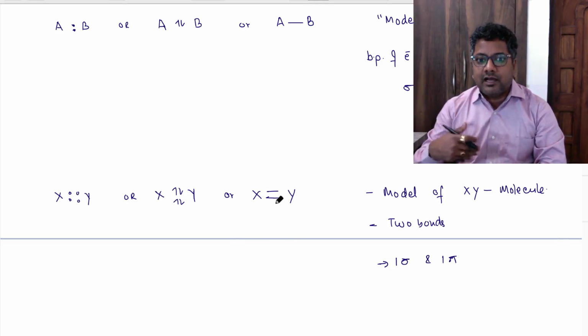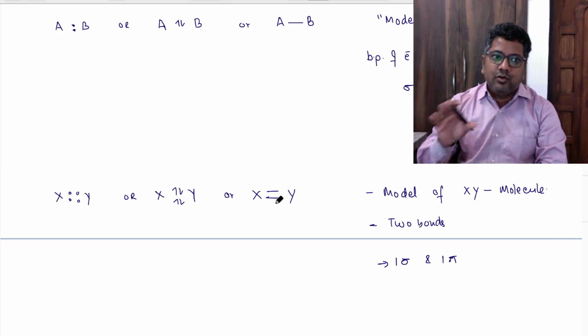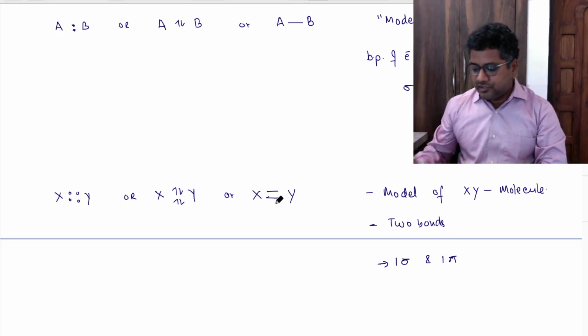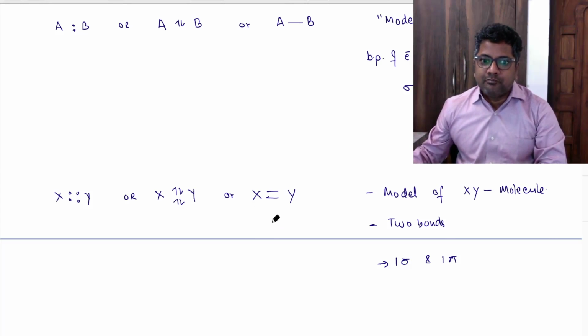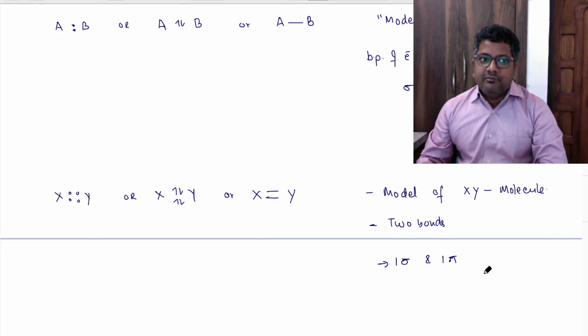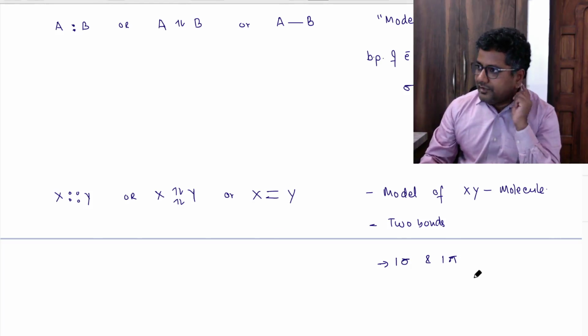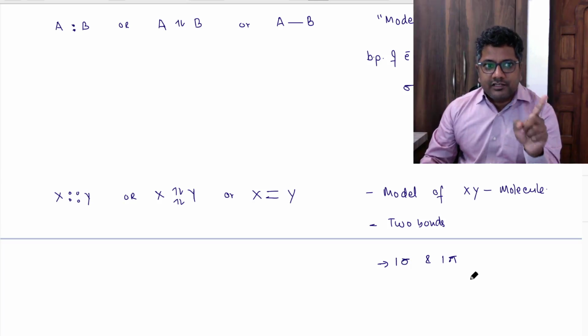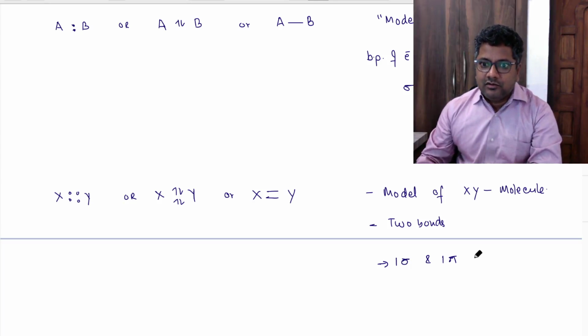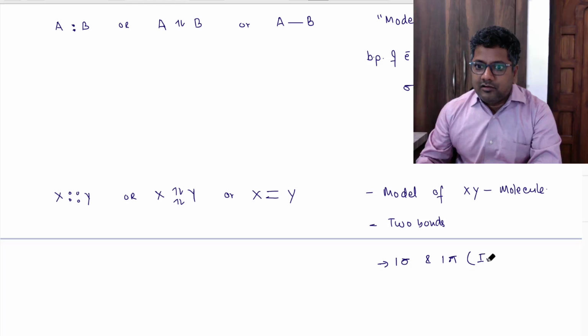This skill you have to develop, because in the whole chemistry you will encounter this million times with molecules, and all such parameters you have to compare, right? So one sigma bond and one pi bond always, if there is a double bond between two atoms, there is one sigma and one pi. This is always true.